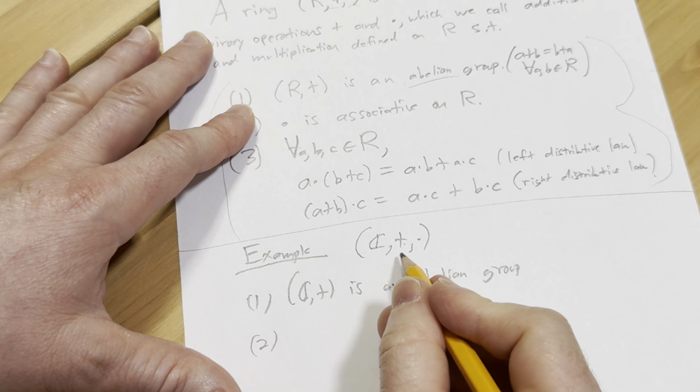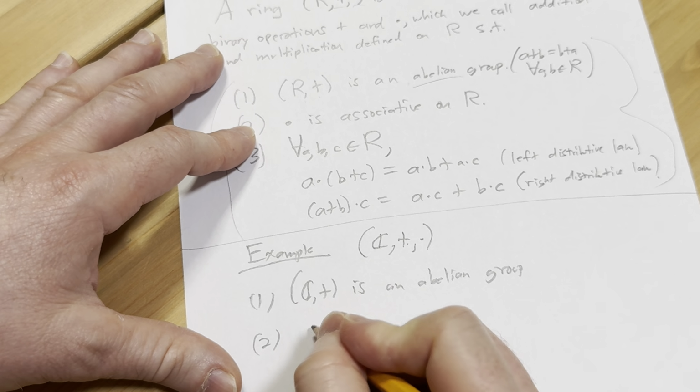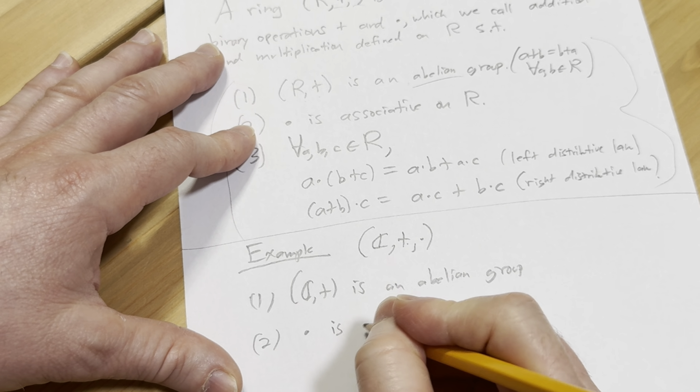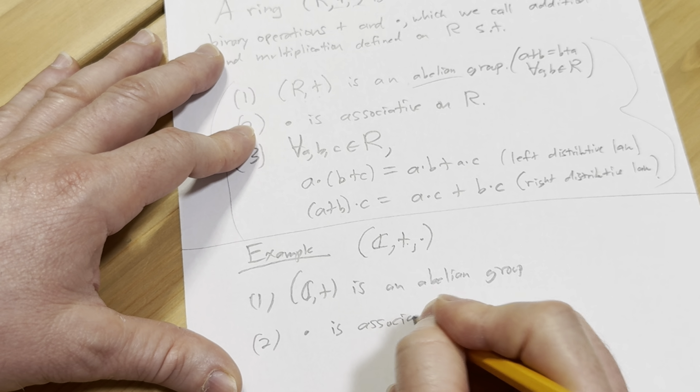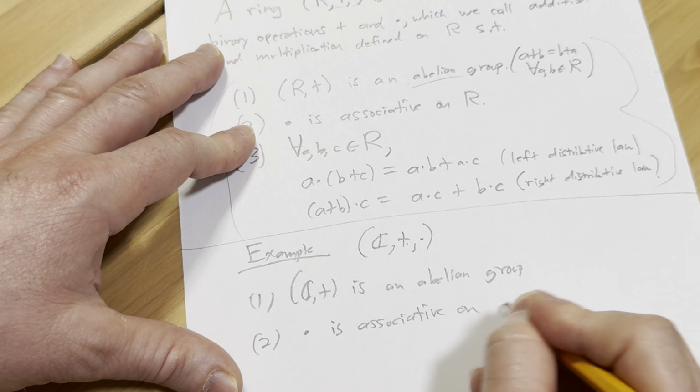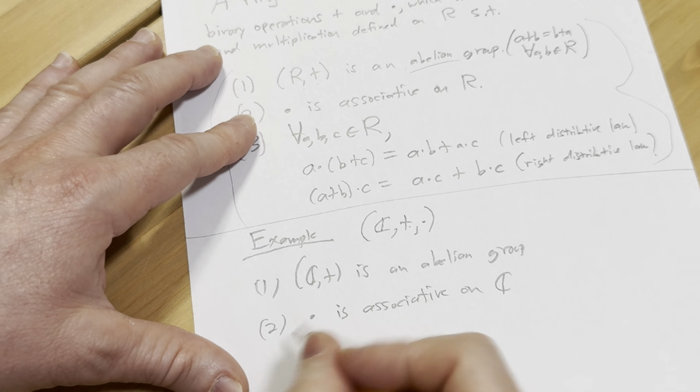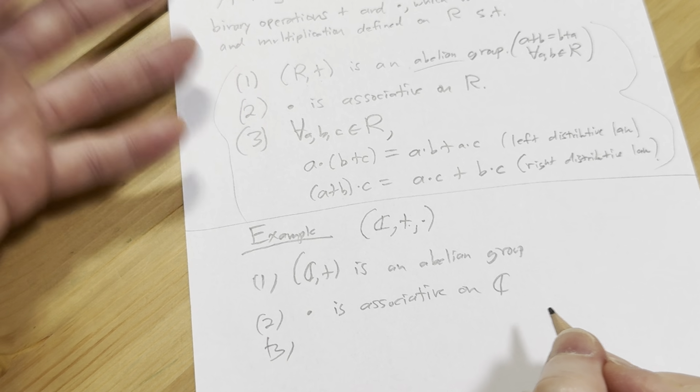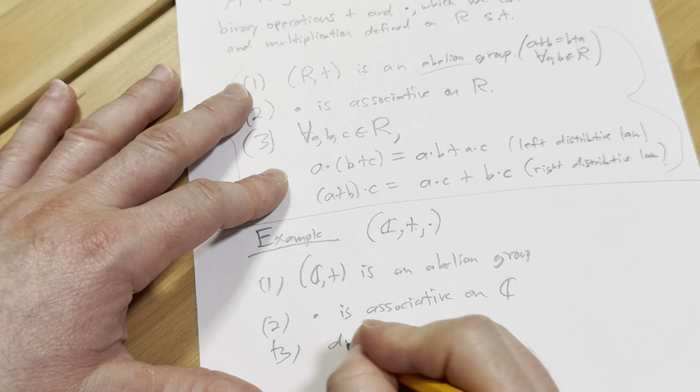Two, multiplication of complex numbers is associative. So star or dot is associative on the set of complex numbers. And three, the distributive laws hold for complex numbers. It's pretty obvious.